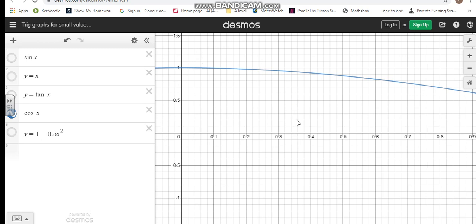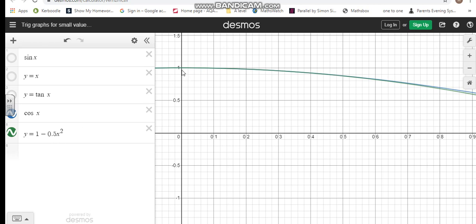A parabola looks like this shape if it's a negative x squared, but it would normally start down here. So in order for it to be crossing up 1, it needs to be 1 minus x squared. And in fact, the one that works best is 1 minus 0.5 x squared.